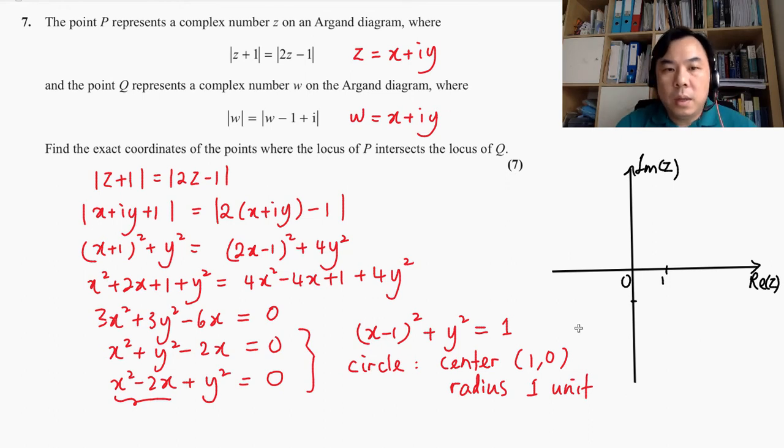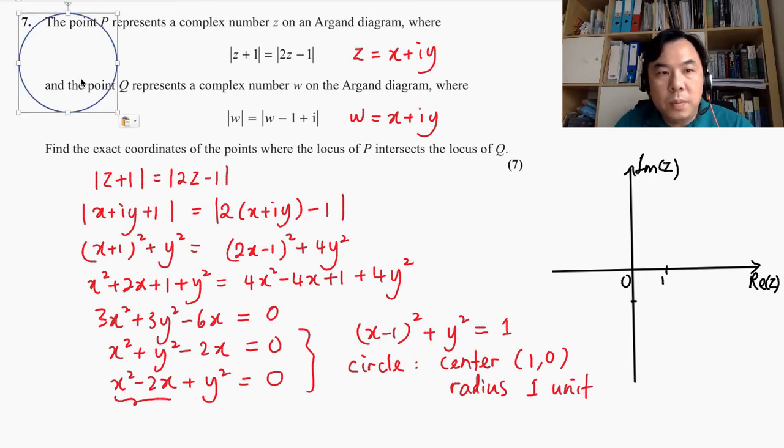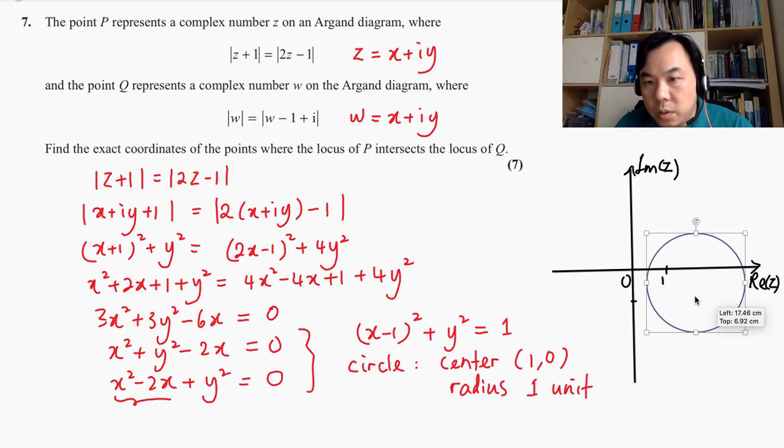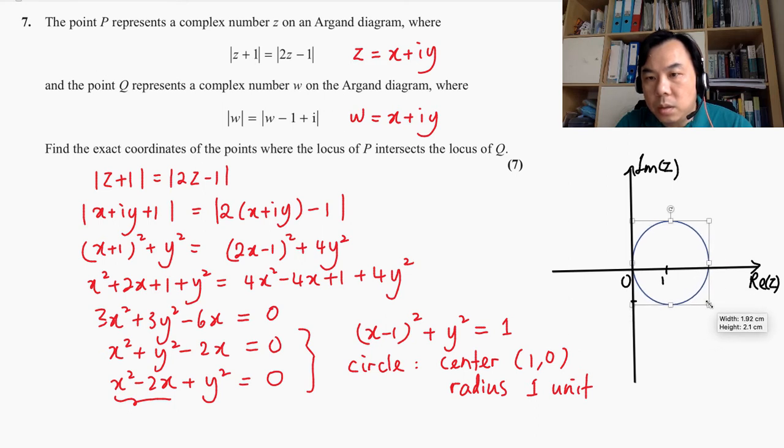All right. Now I'm going to draw the diagram more accurately in this case. So I'm going to get a shape to work with. It'll be much easier. Okay, let me get the shape here. So it's actually a circle with 1 unit radius. So it's a circle. I just roughly say that it looks something like this.